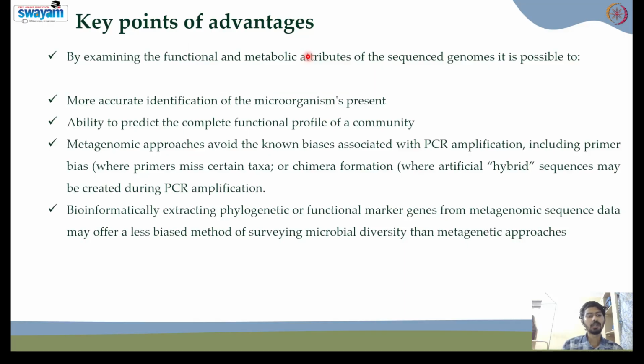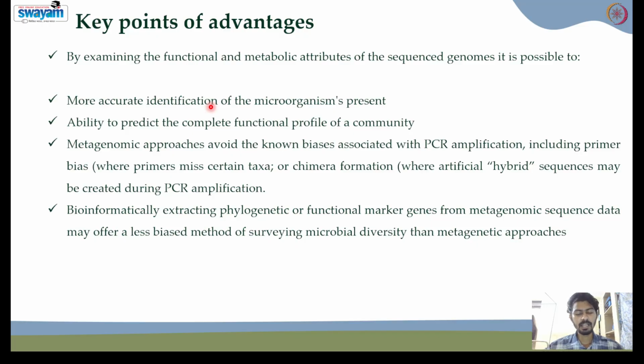Then the advantage of metagenomics is, first, you can accurately identify the microorganisms, since this technology can read the DNA directly from the sample. And next, it tries to predict the functional profile of the community. What does it mean?